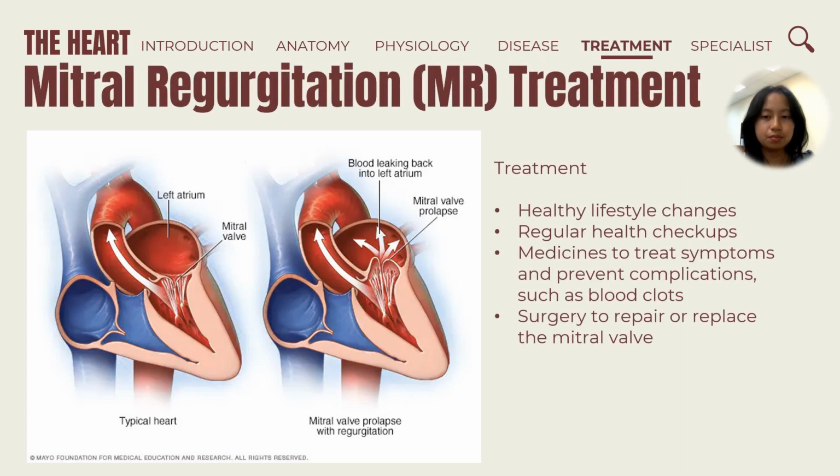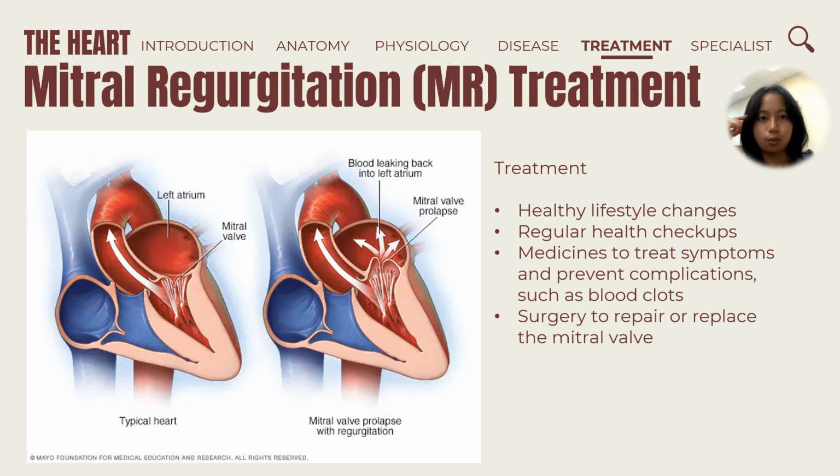Now, to treat mitral regurgitation, one of the ways is to make changes in our daily lifestyle, and we could also do regular health checkups. We could also give medicines to treat symptoms and prevent complications such as blood clots.